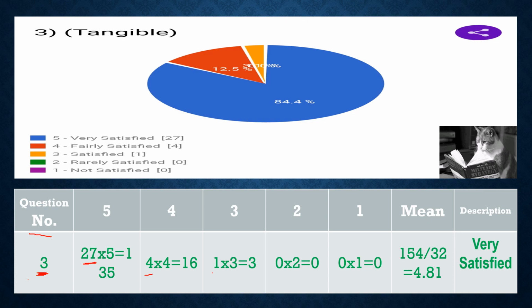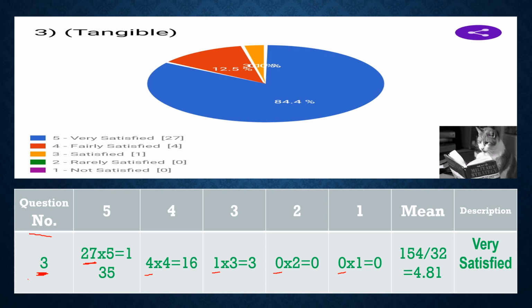Then 4, 1, 0, 0. We need to multiply each with the specific number that they chose. For example, here, 27 times 5 is equal to 135.